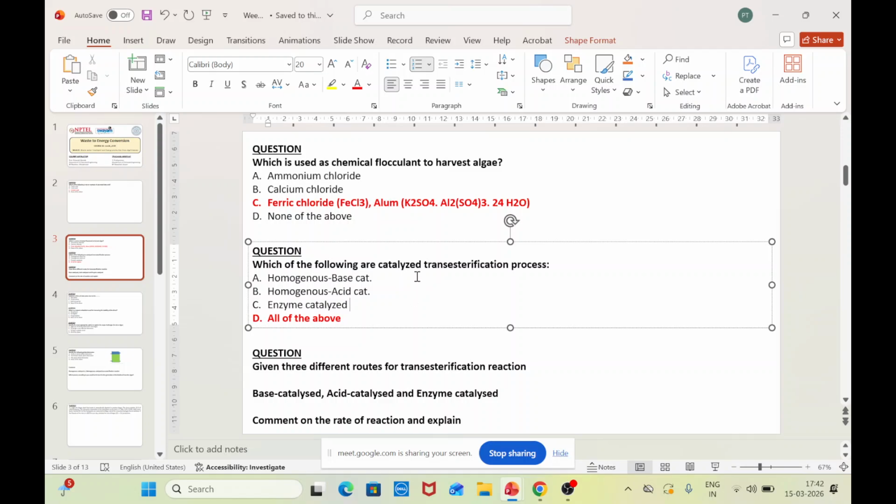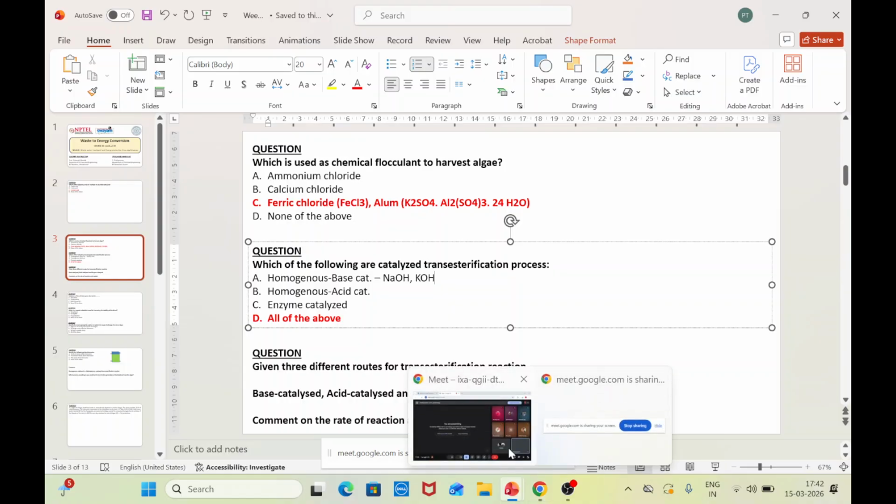I think for homogeneous base, it is simple. We discussed this in the last week's content itself. For homogeneous base, it would be sodium hydroxide or potassium hydroxide. What about homogeneous acid catalyst and enzyme catalyst?